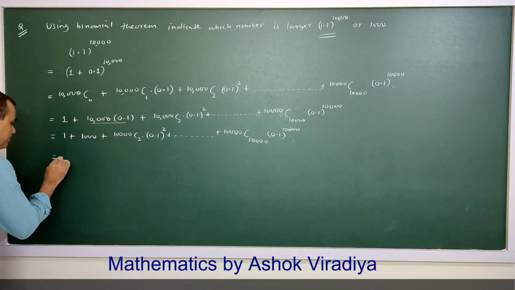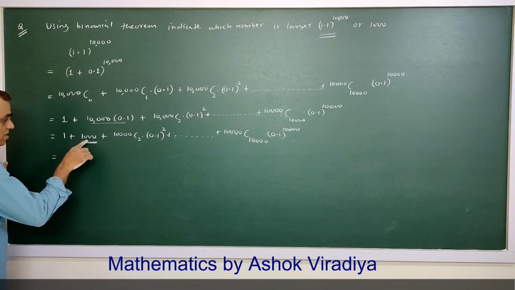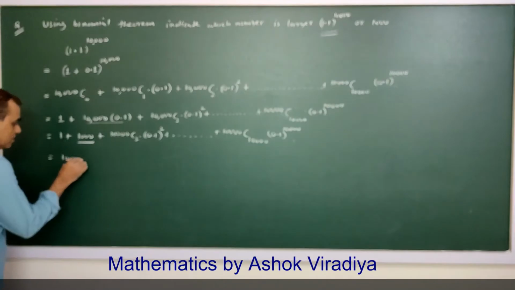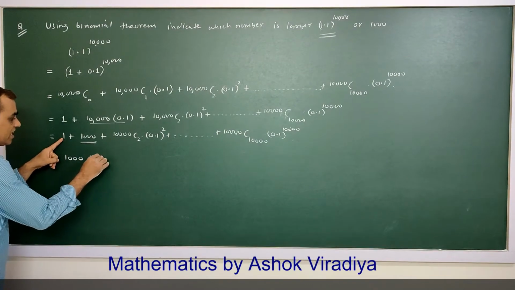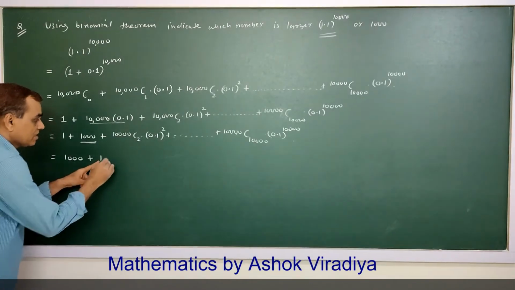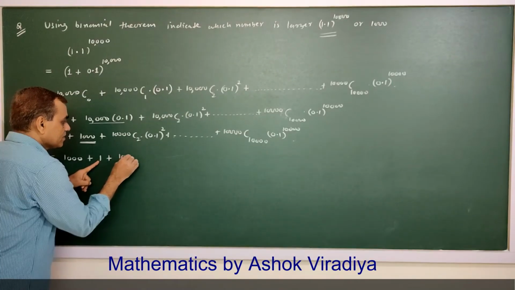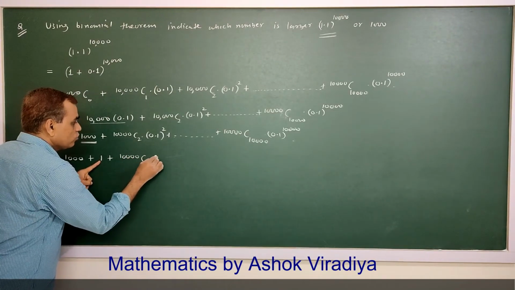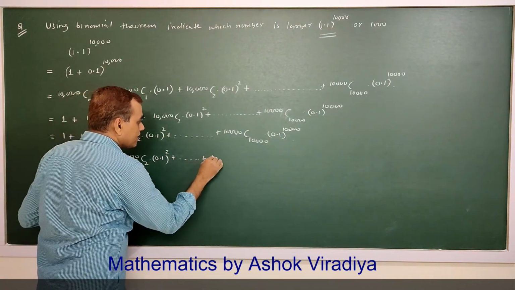Now look, this is 1000, plus 1, which I am putting in second place, plus now I keep these remaining numbers, 10,000C2 into 0.1 square, plus all the numbers.